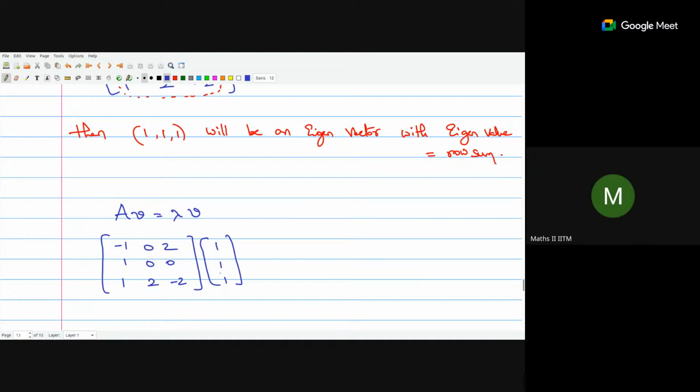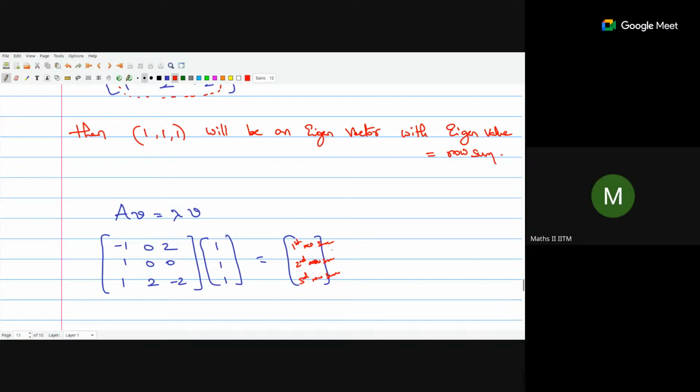The resulting vector is a 3 cross 1 matrix, of course, since 3 cross 3 multiplied by 3 cross 1 gives a 3 cross 1. Whatever you get, they are all just the row sums. This is the first row sum, the second entry will be the second row sum, and the third entry will be the third row sum.